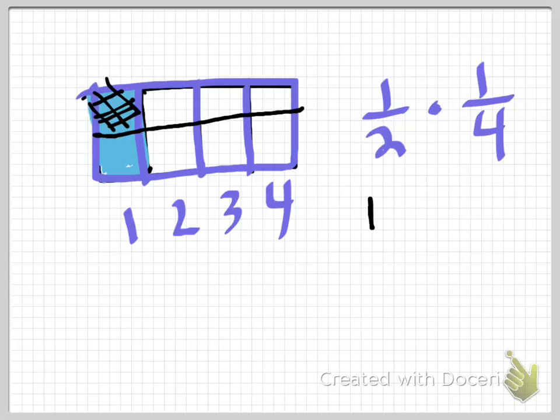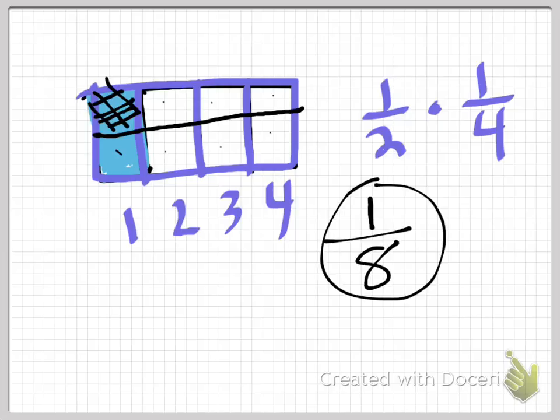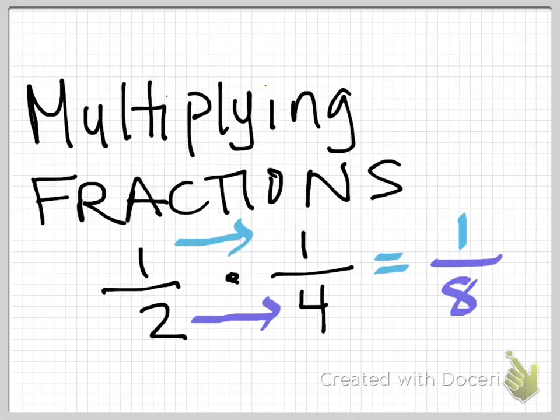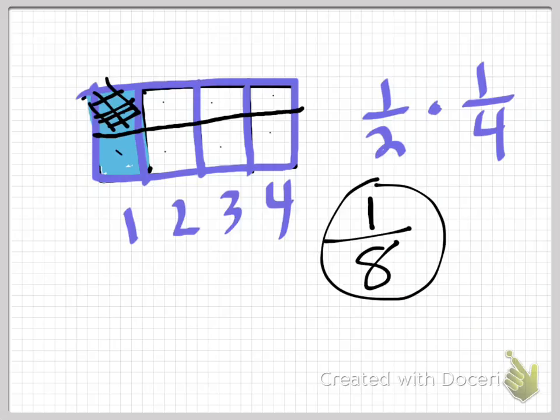And then how many pieces are there now? 1, 2, 3, 4, 5, 6, 7, 8. So my answer will be 1/8. Now if we go back, that's the same answer that we got by just doing the multiplication way. This picture way takes a little bit longer. It just shows you what you're doing. It just shows you what multiplying does. Okay.